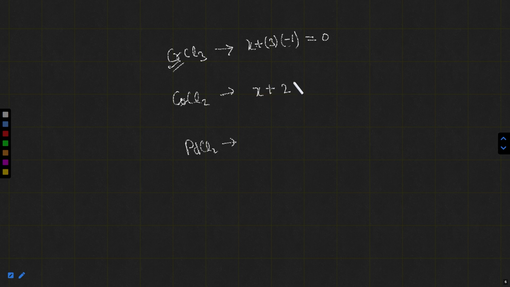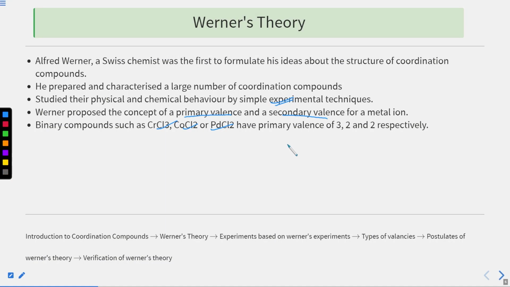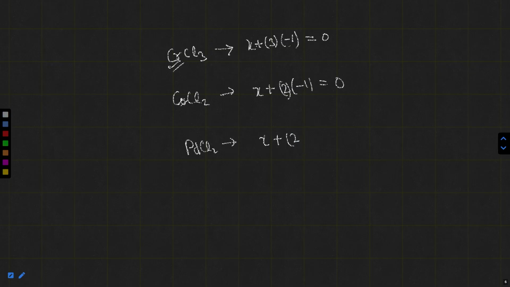Similarly, here we have 2 chlorines, therefore x + 2 into -1 is equal to 0. And again, for PdCl2, we have 2 chlorines, so x + 2 times -1 is equal to 0. Now if I find the value of x, we'll get it as 3 in this case, 2 in this case, and 2 in this case.